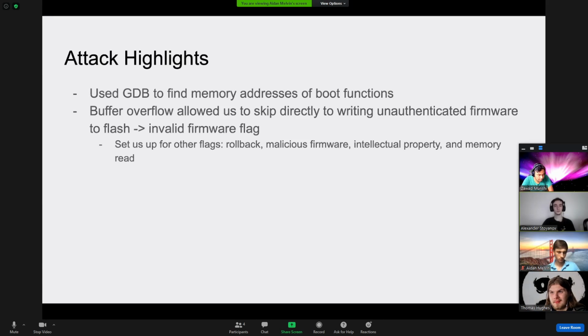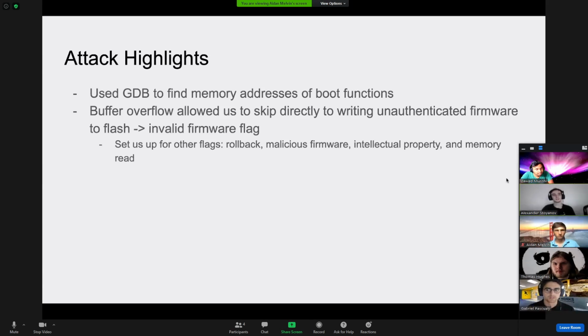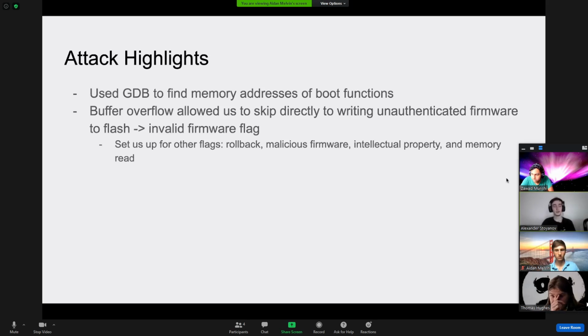We tried a couple approaches in the attack phase, and we settled on a pretty simple one. There was a major issue with one of the teams' code, which meant that we could overflow the buffer. So we used GDB to find the memory addresses of certain functions, specifically the boot function, and using the buffer overflow attack, that allowed us to skip directly from an authentication failure to booting the firmware, which is a pretty interesting attack.